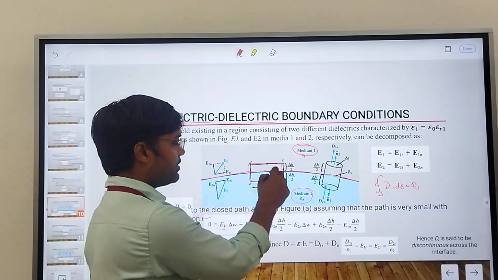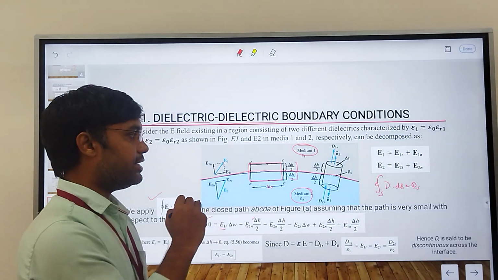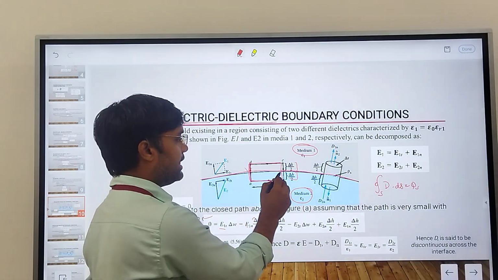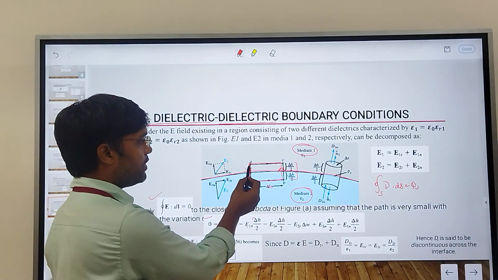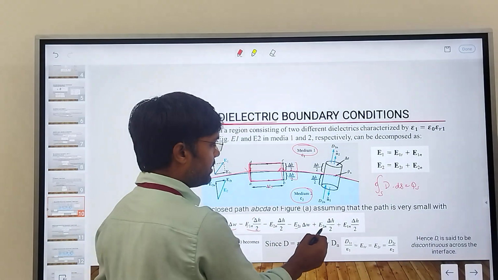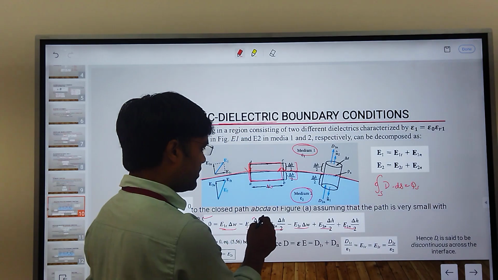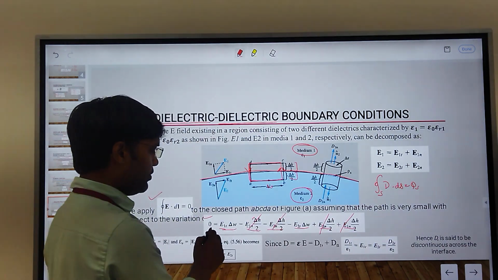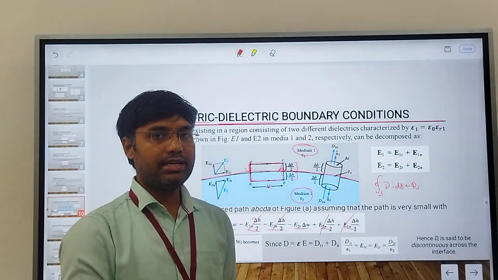The vertical height has been separated into two parts, delta h by 2 and delta h by 2. Positive is taken when going downwards, and negative in the reverse direction. So we get a total of 6 expressions for E dot dl equal to 0. The normal terms cancel out, and we get the final expression by considering delta h equal to 0.